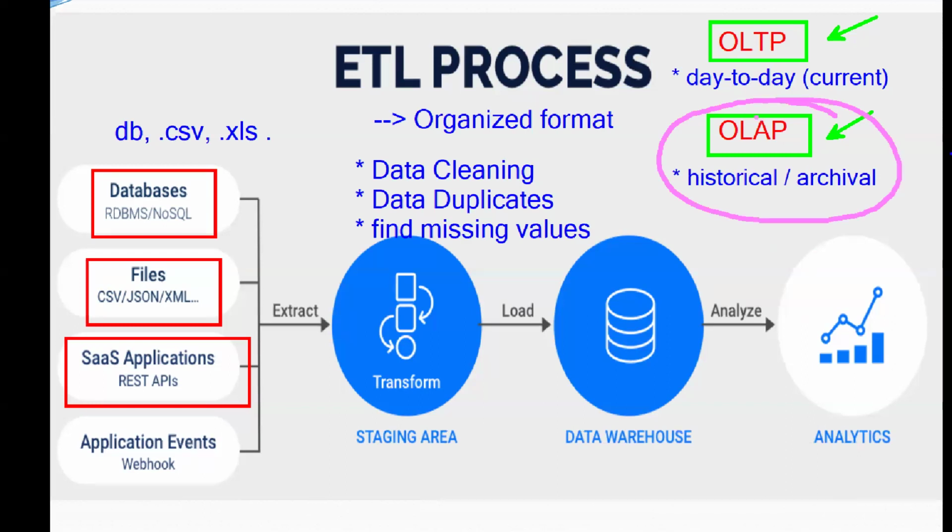So any guess why we need to divide data into two different parts? What's the reason? Any guess? Old data in one database and current data in a different database. So what could be the reason?